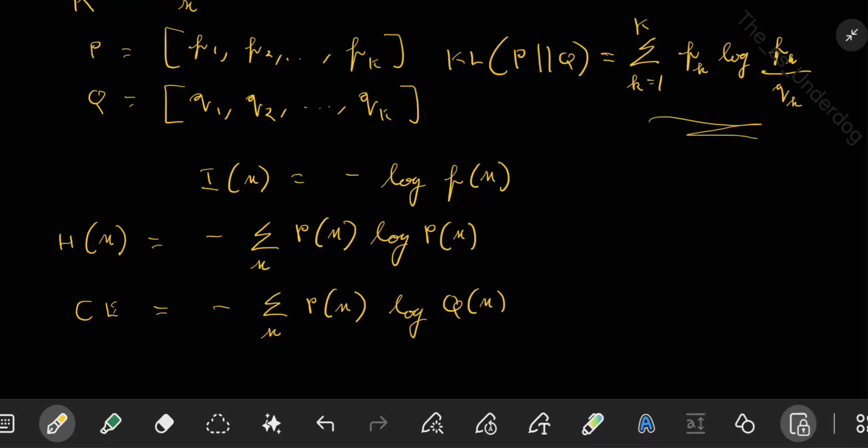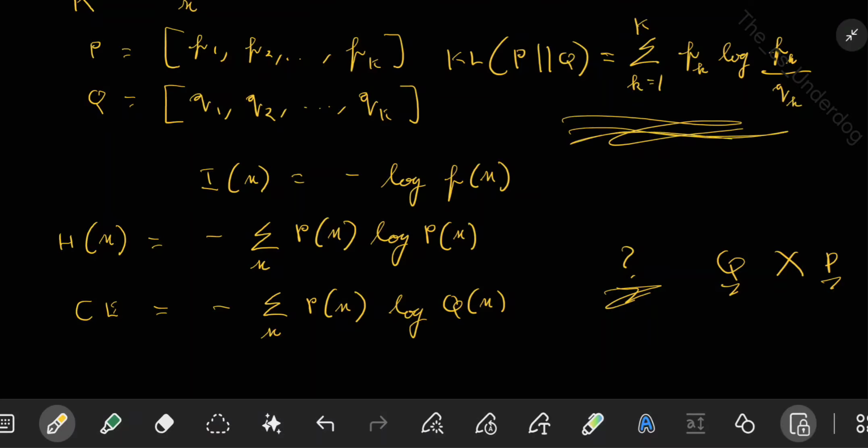Next thing, how much extra information do we need when using Q instead of P? This is your actual question behind KL divergence. What is your actual question behind KL divergence? That is, how much extra information do you need when using Q instead of P?